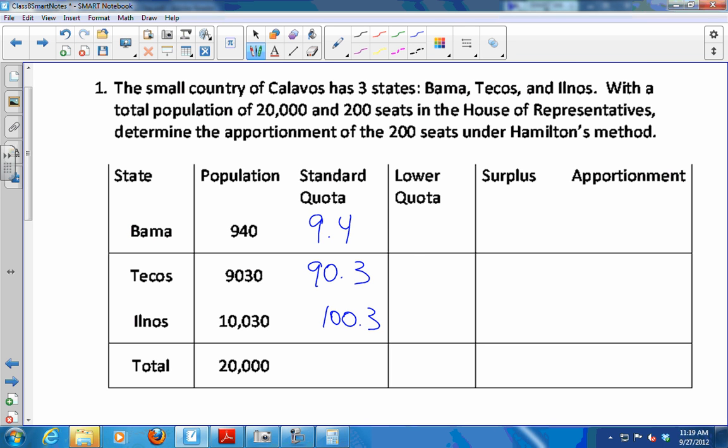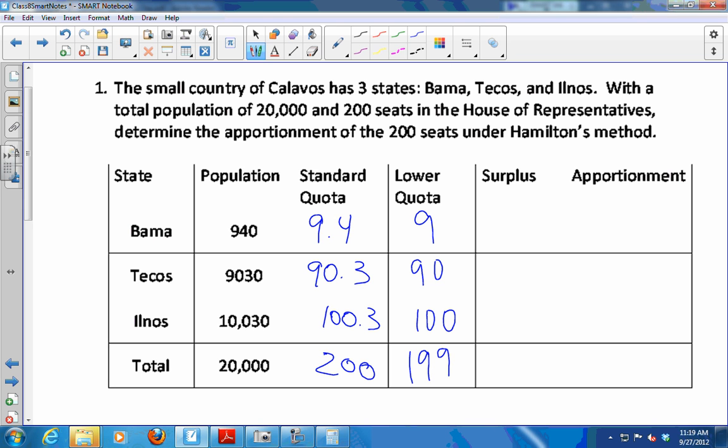When you add these up, you get exactly 200 seats. Problem is we can't give out a piece of a seat. You can't give someone 9.4 seats in Congress. So we're going to round them all down to get the lower quota. So we're going to have 9, 90, and 100. But when I do that and add them up, I've only given out 199 seats.